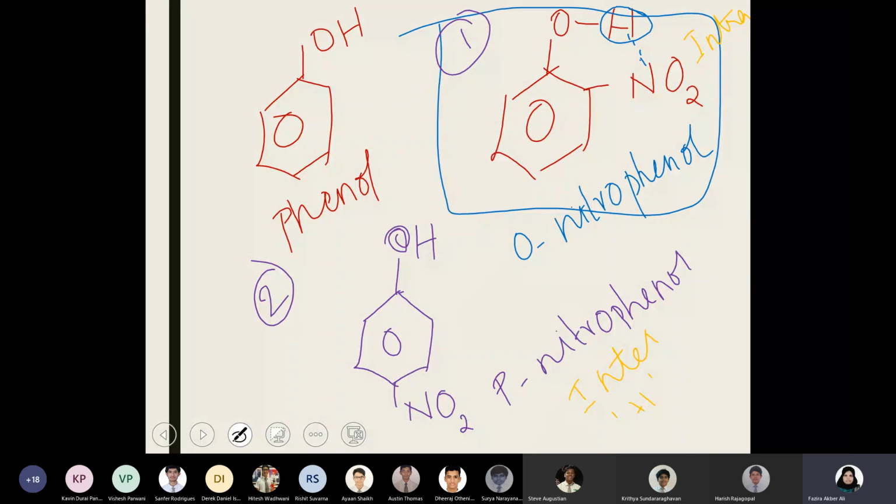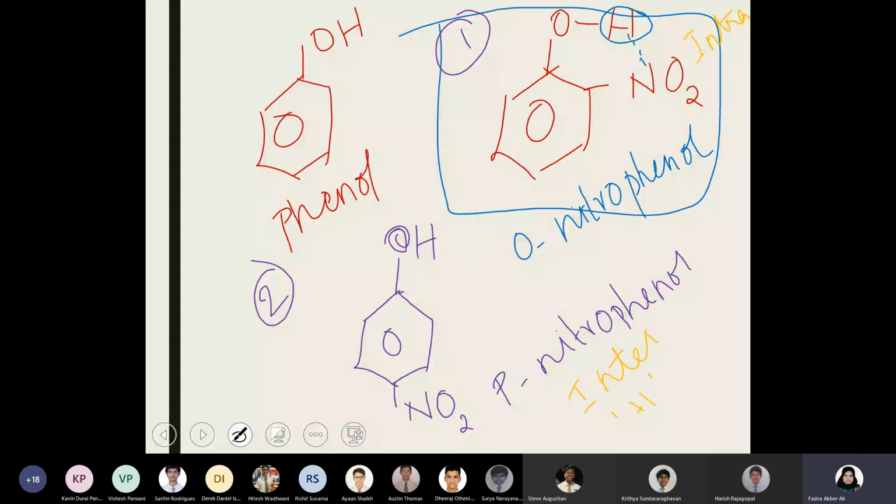Okay. Now comes my question, the competitive exam question. Orthonitrophenol and para-nitrophenol have the same molecular formula. Their molar mass is the same, their functional group is the same, they both contain OH and NO2, but still their boiling point is different.